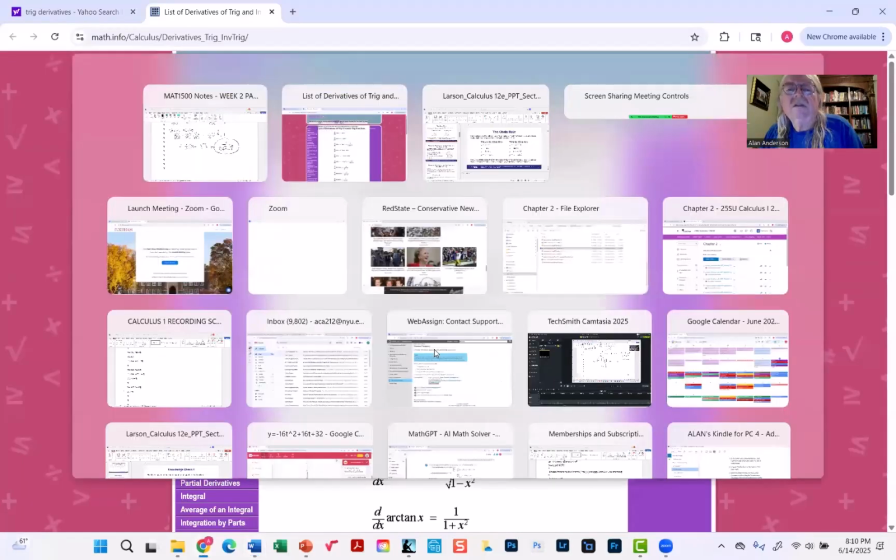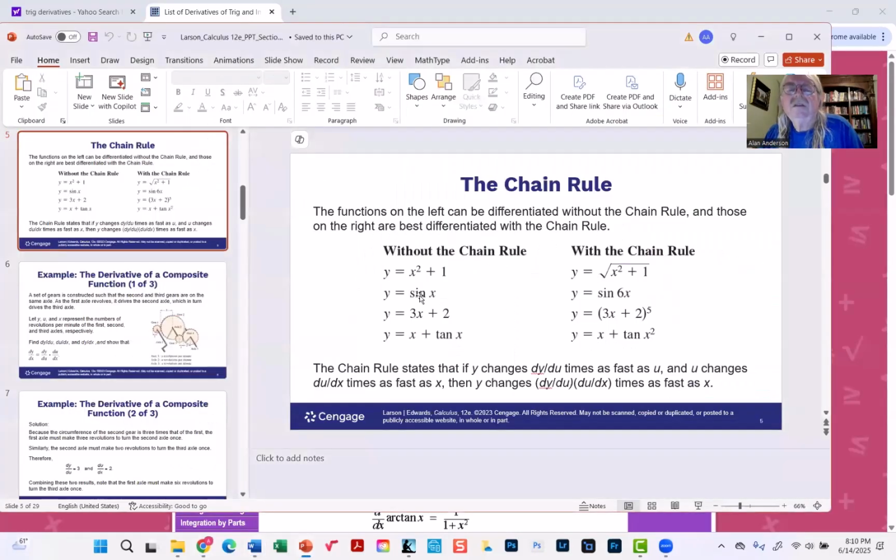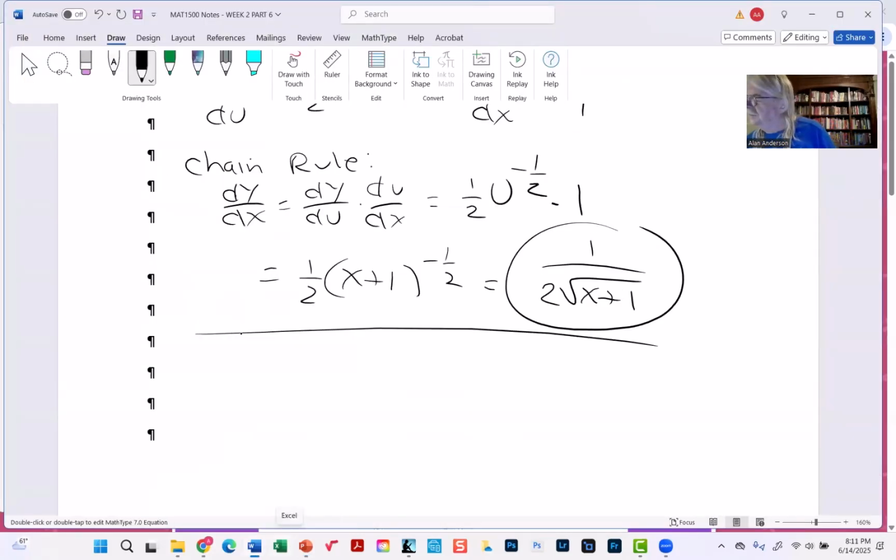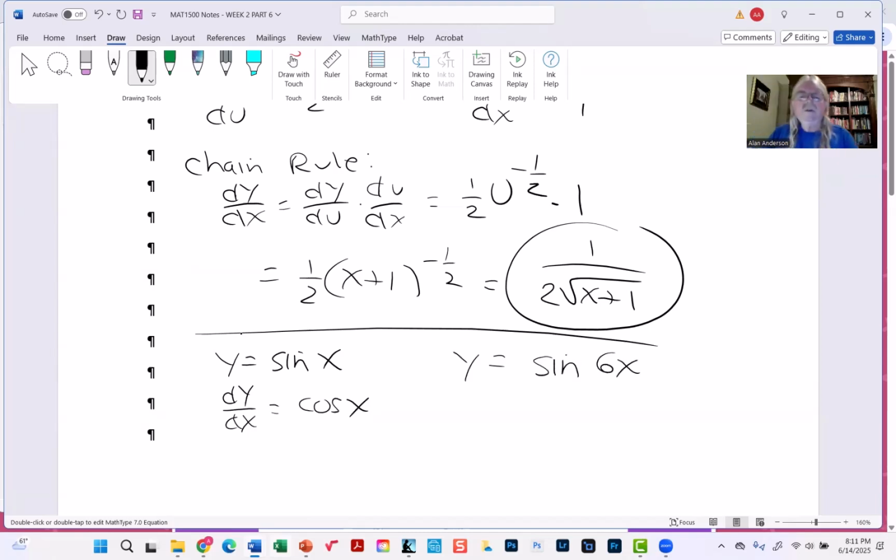So let's see, what are they doing here? 6 sine y equals sine x and 6 sine 6x. All right, well, that was easy. Now, what's going on here with this one? Okay, so why don't we do this?